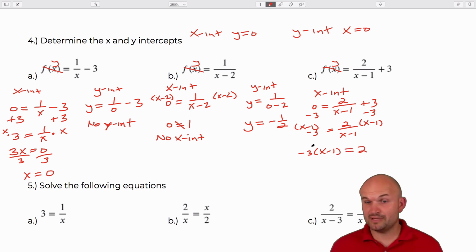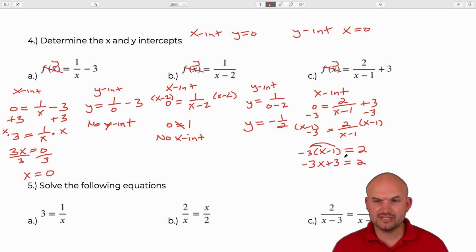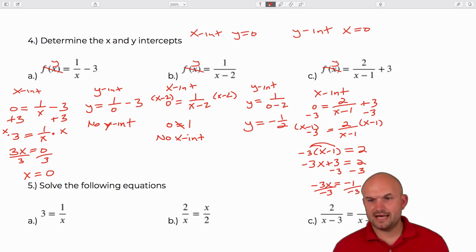So therefore, I'm left with negative 3 times x minus 1 is equal to 2. Now I'm going to want to apply the distributive property here. I didn't do it just because I wanted to make sure you could see my steps, but I get negative 3x plus 3 is equal to 2. All right. Now it just goes into using inverse operations to solve. So if I subtract 3, I get negative 3x equals negative 1, and then divide by negative 3, and I get x is equal to positive 1/3.